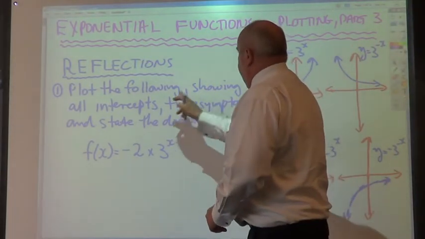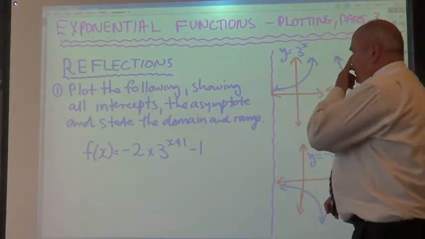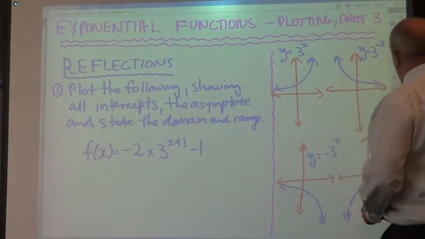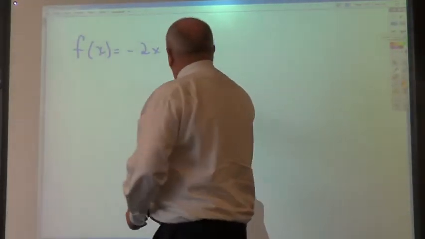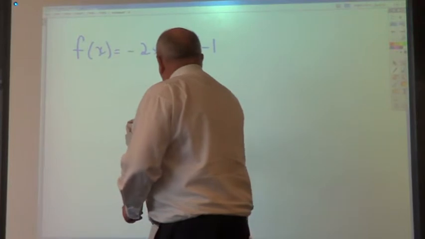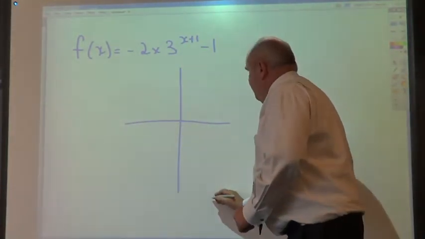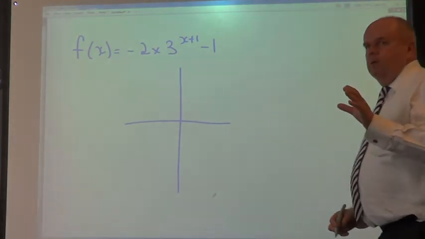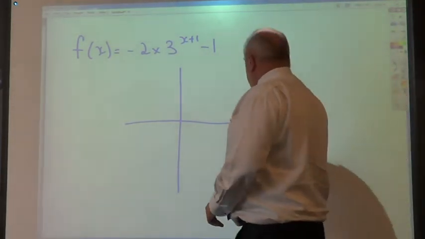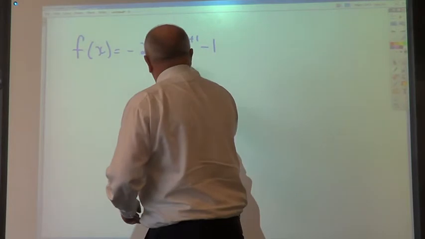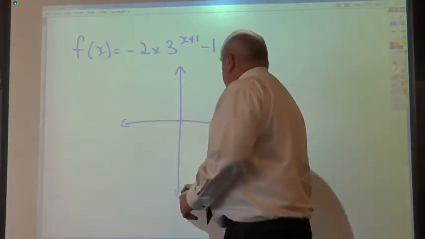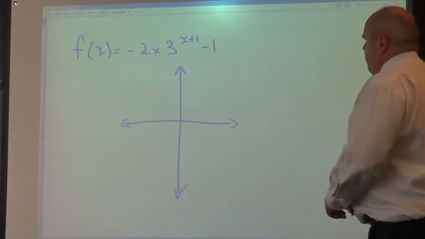Okay, so with that knowledge in mind, I will go and plot it. Also, I'm going to find the intercepts, the asymptote, and we're going to state the domain and range. Now, as I said, it's that basic shape there. Let's see how I move the basic one around the number plane. Let's plot a few values, in fact.